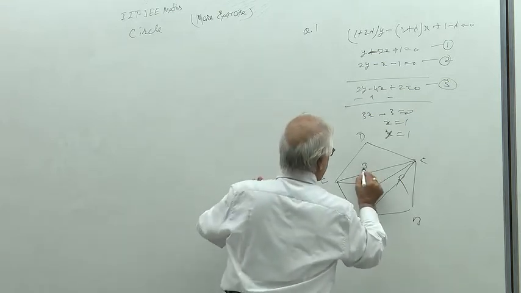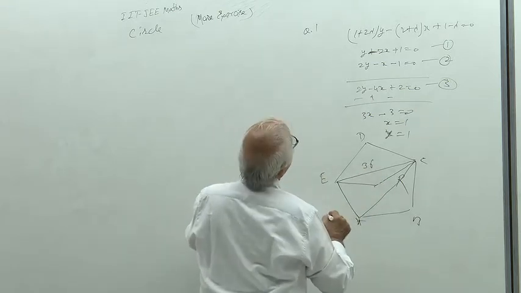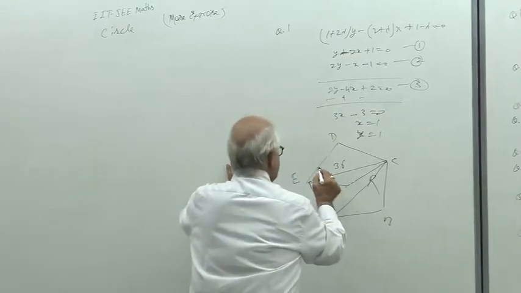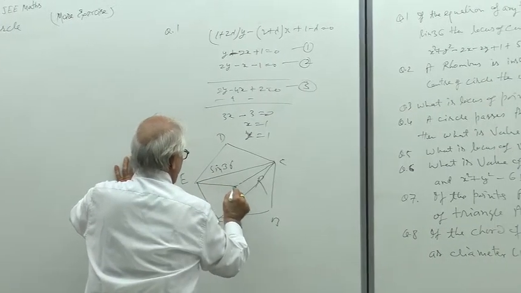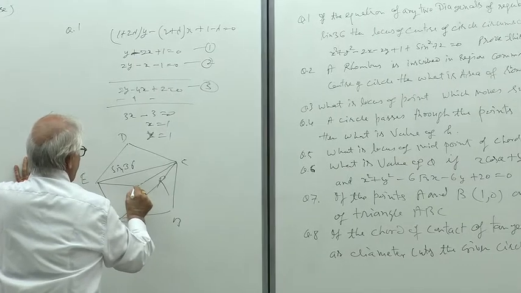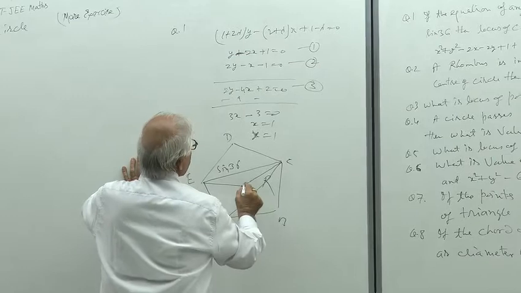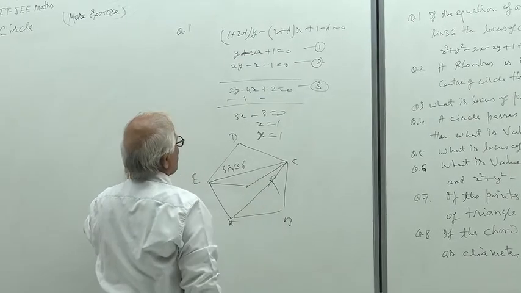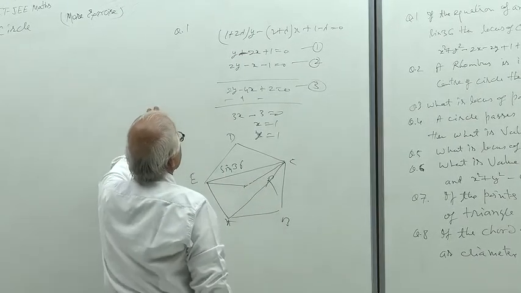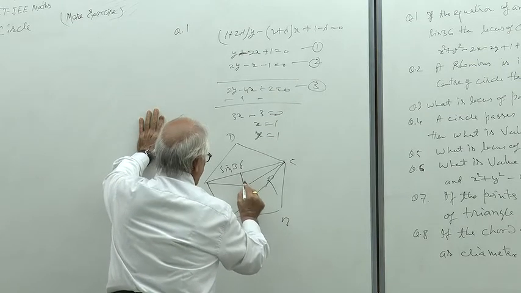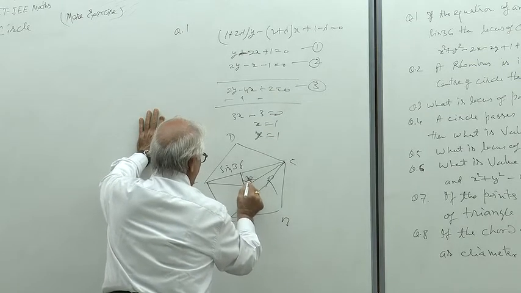We are given the length sin 36. Now this angle will be 144, we can find it with the help of the diagonals. This will be perpendicular, and this angle will be 72.